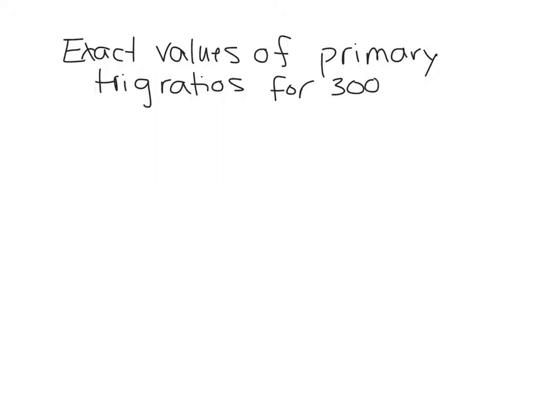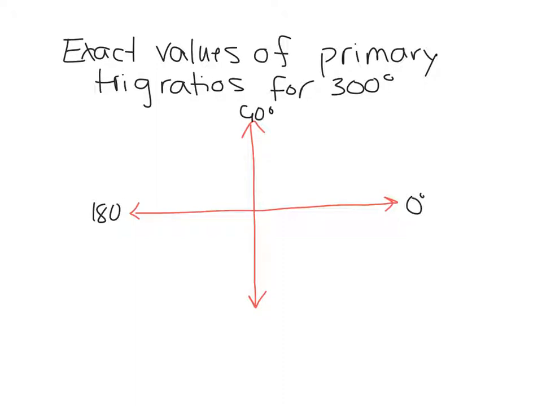So if we stick that on a graph, 0 degrees, 90 degrees, 180 degrees, 270. So we're going to be somewhere in quadrant 4 here. So remember our initial arm is always on the positive x-axis. So we're going all the way around, and that is 300 degrees there.